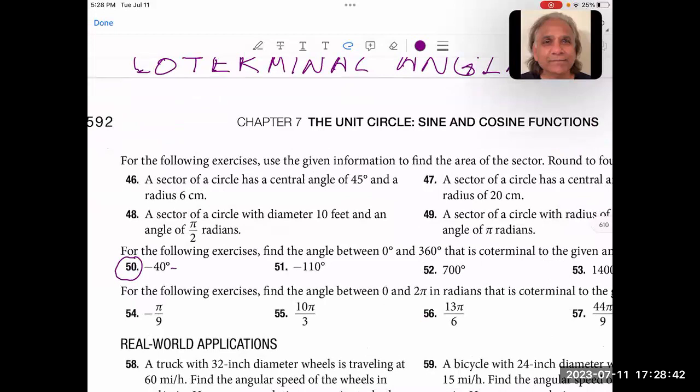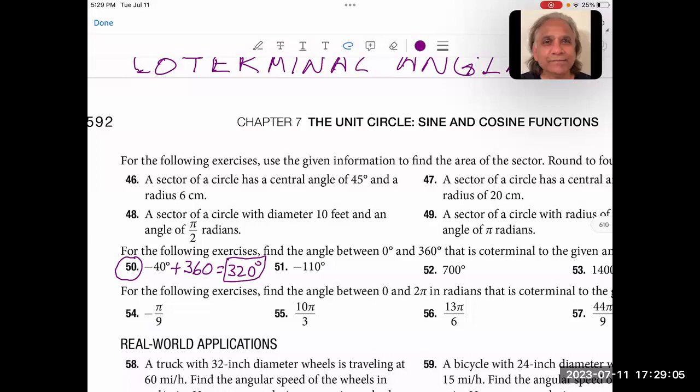So negative 40 plus 360, and that comes to 320. And as you can see, it's an angle between 0 and 360, and it is coterminal with negative 40.